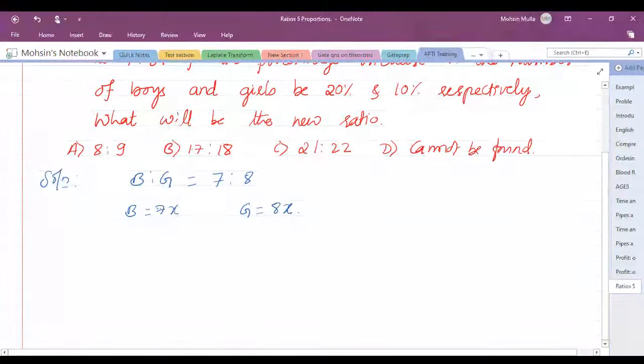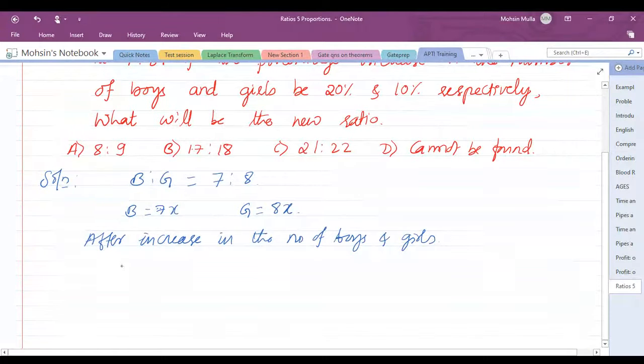Now what they say is that after direct second year entry, there will be an increase in the number of boys and girls. So the new number of boys will be 120% of 7x, because there is a 20% increase on 7x. If the same number is increased by 20%, you take directly 120%.